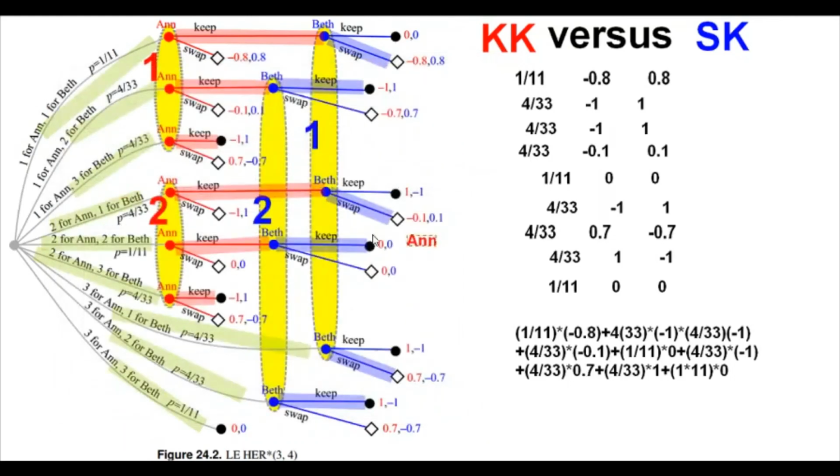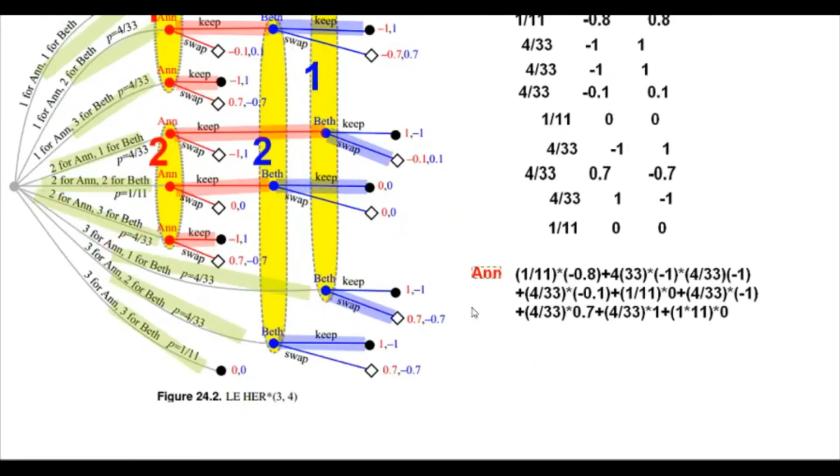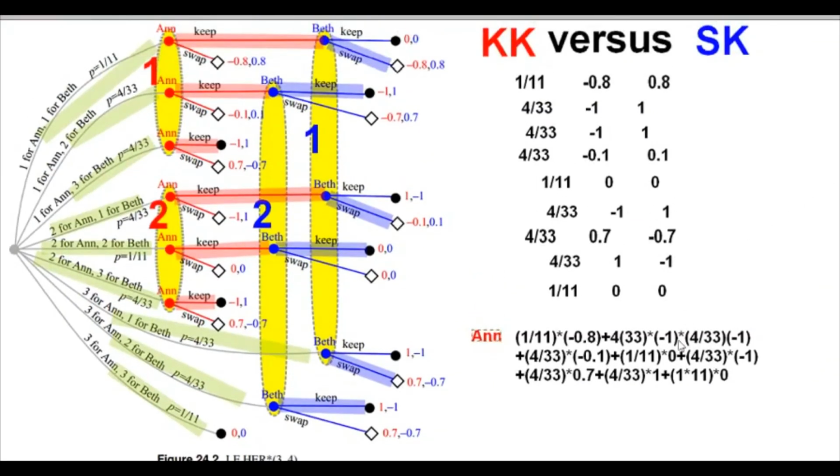So Anne's payoff, if both players play this amount of money, is this amount, and if we multiply this, then we get, well, it's difficult for me to calculate, so I will put it on the formula sheet and post it on Moodle.